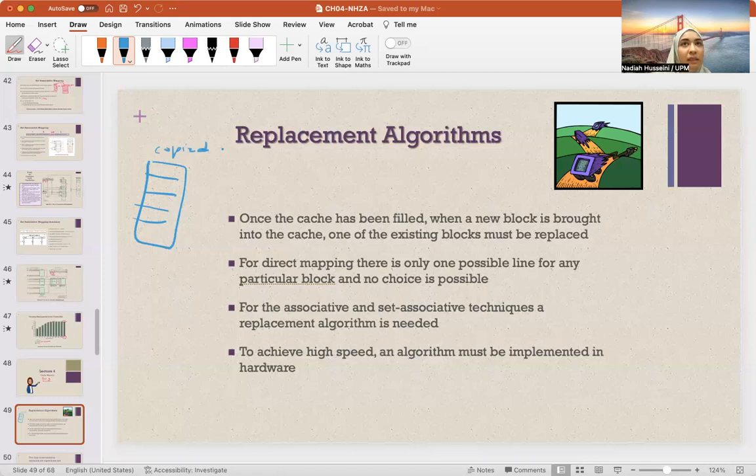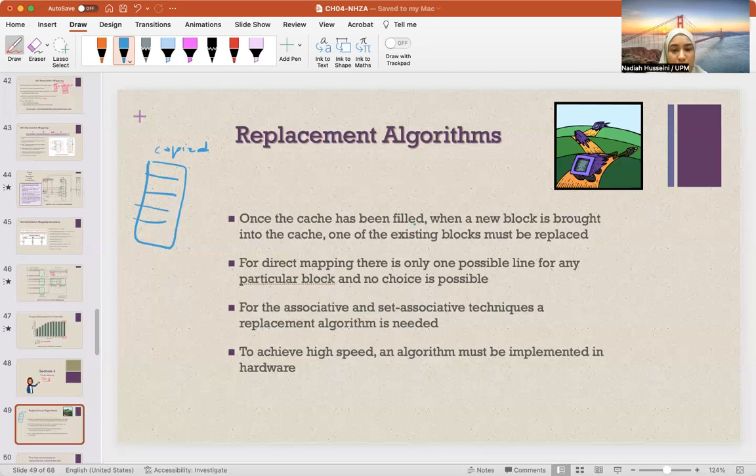So don't think that the main memory would lose some size. No, we are copying from the main memory. Nothing is lost. But since cache is volatile, if I shut down my computer, the cache memory is going to be gone, so it's going to start new. So this is the function of cache.